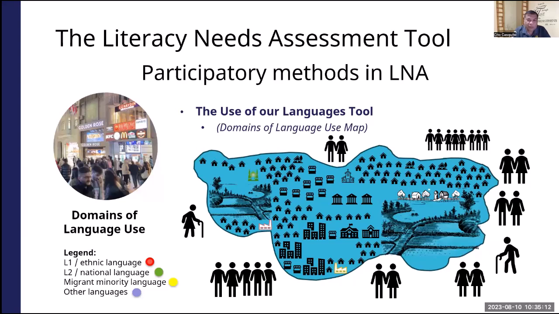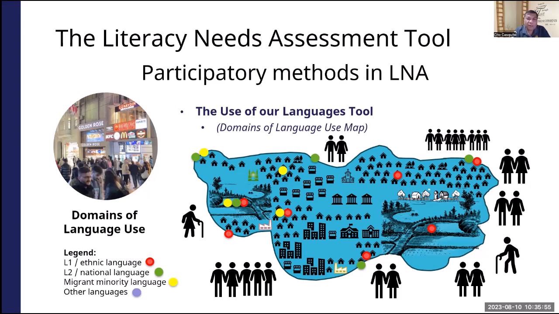So for example, in the homes of this community, they use the home language or the ethnic language, and even in some border areas. Yeah, so as I mentioned earlier, there's a pocket of migrant Muslim community. So the yellow marker refers to the language that they use in the homes as well as in the workplace. And in the border areas, we also need to identify in what language the people are using to communicate with other people in the borders of their communities.